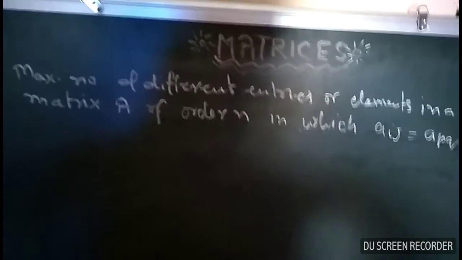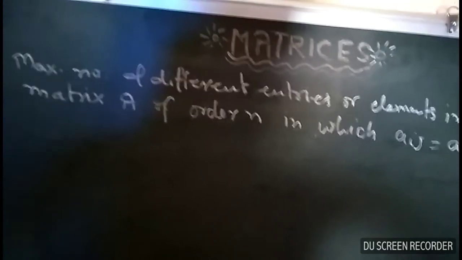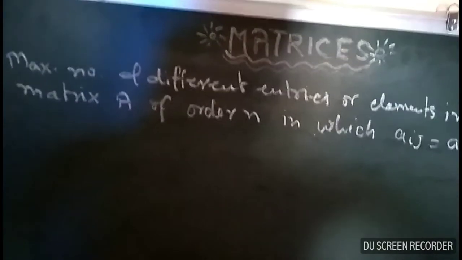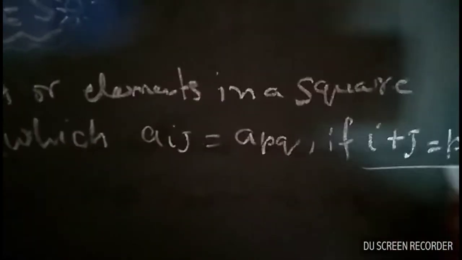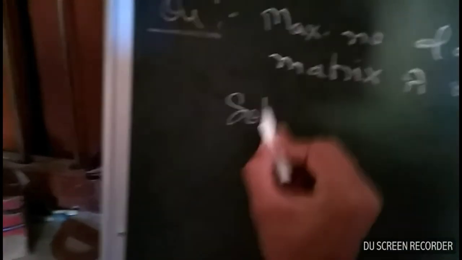Now we find the maximum number of elements in the square matrix A of order n under the given condition i plus j equals p plus q. For this we will solve this question.